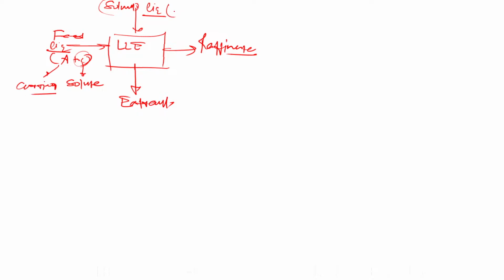Here the solvent, B, is called the solvent. But the condition is that the solvent and feed both must be in the liquid phase, and this solvent is insoluble in the liquid. That's why these two different liquid phases are considered two different phases. Liquid extraction.